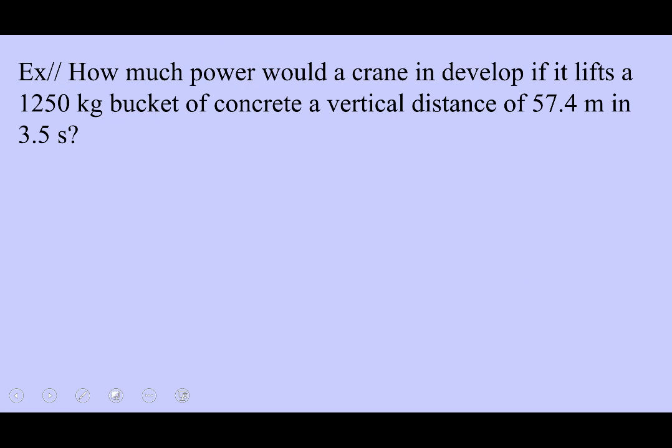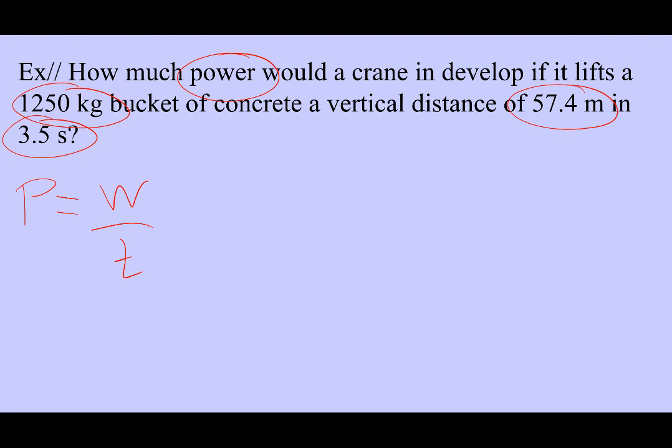Example number 2. How much power would a crane develop if it lifts that mass, that distance, in that amount of time? All right, so then I think to myself, no problem. We're solving power again. Power is equal to work over time. Well, what kind of work do you do if you are lifting something up?